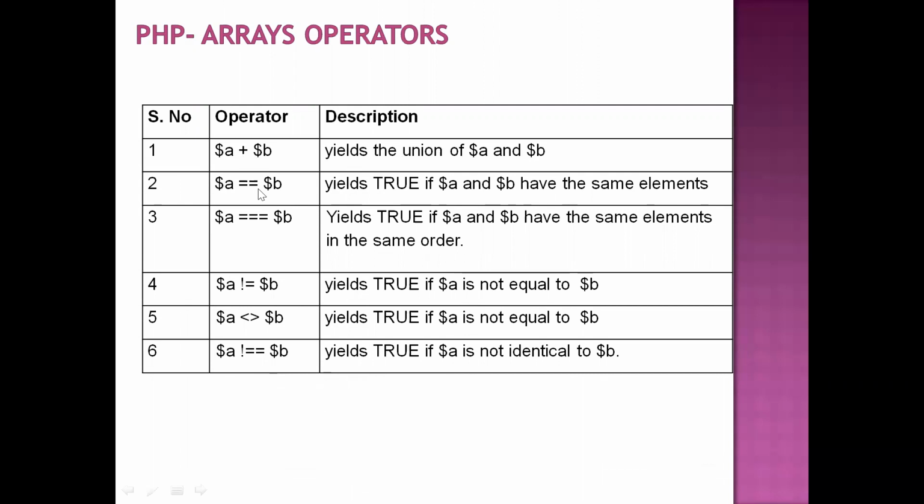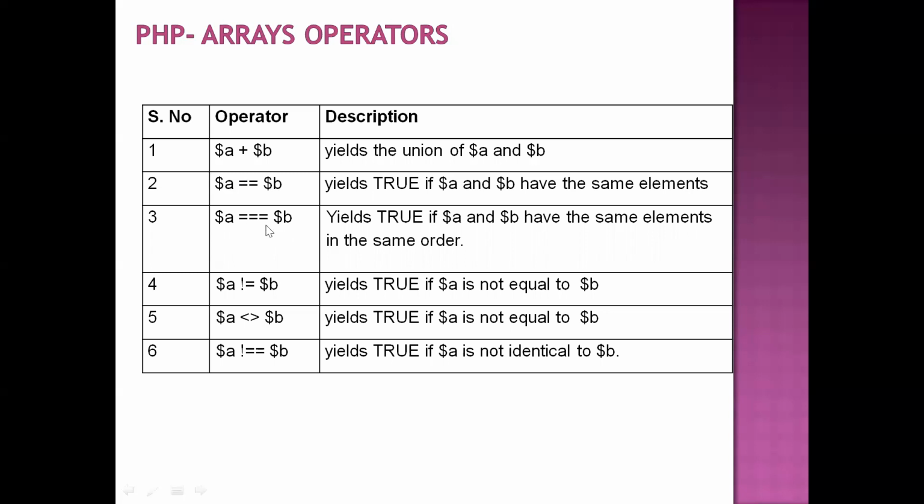And the double equals operator is used for equality, whether the two arrays' elements are the same or not. This is a comparison operator just for comparing whether two arrays are equal or not. If those two arrays have the same elements, then it will return true.